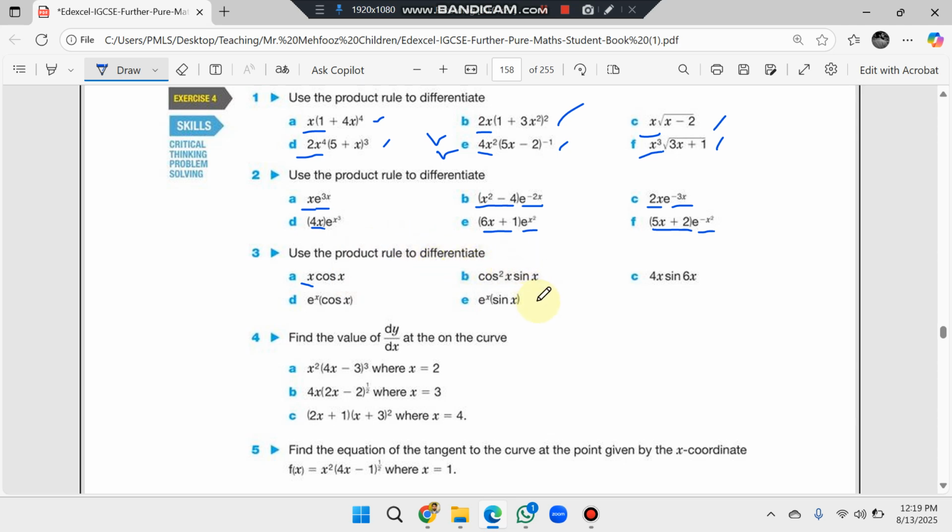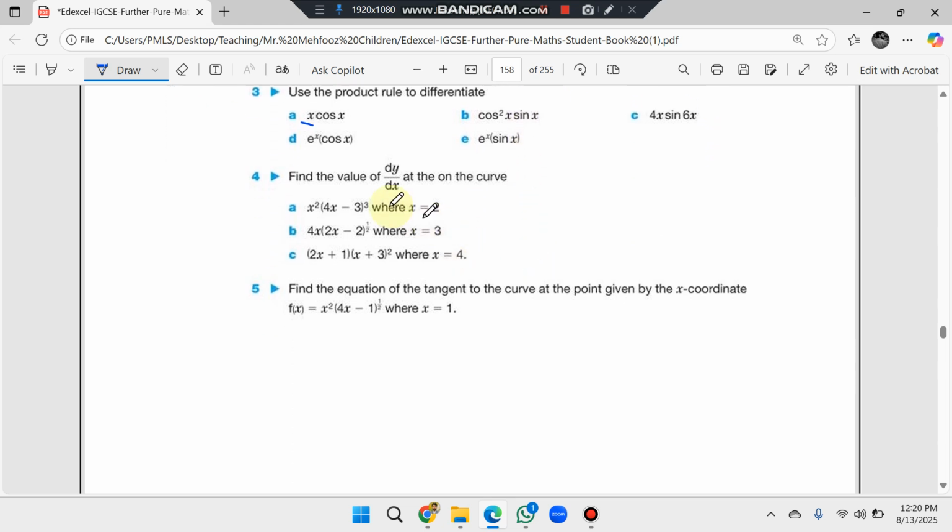So we just change our functions among algebraic, exponential and trigonometric functions, because we have studied these three till now. Algebraic functions are x square, x cube, something like that, and exponential functions are like e raised to the power x, e raised to the power x square, e raised to the power minus 2x. Trigonometric functions are sine, cos.